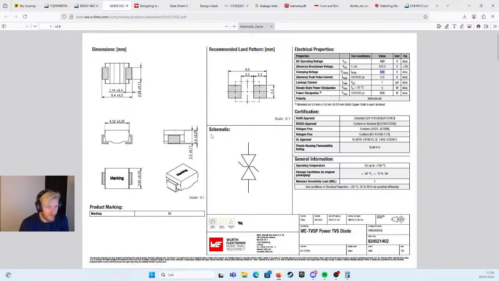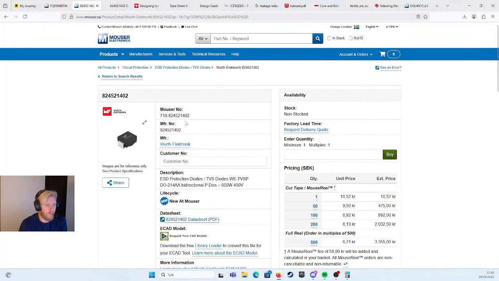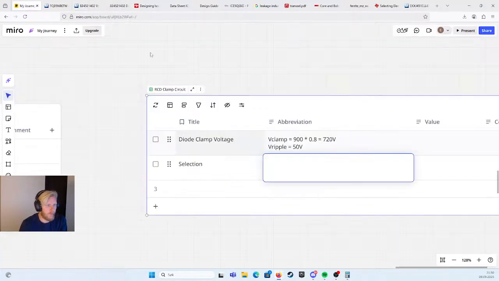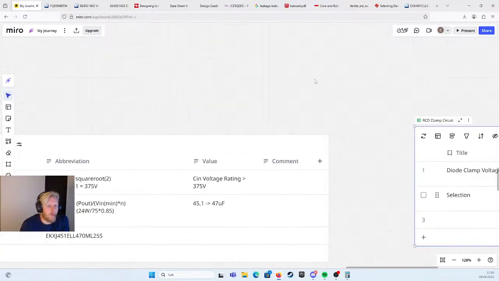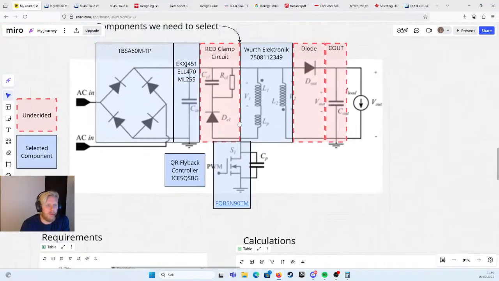But for example, this diode right here. Going back to the circuit.